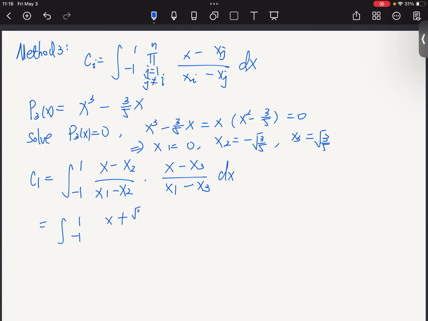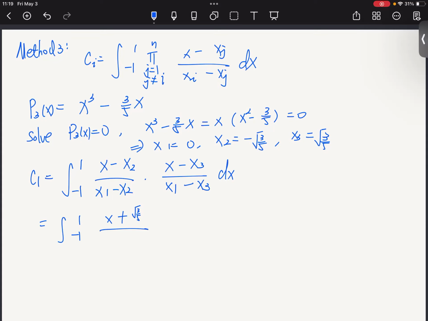This is just the addition here because there's a negative sign in the x2. And I got 0 and then plus this one. And then I got x minus square root of 3 over 5, and then 0 minus square root of 3 over 5 dx.